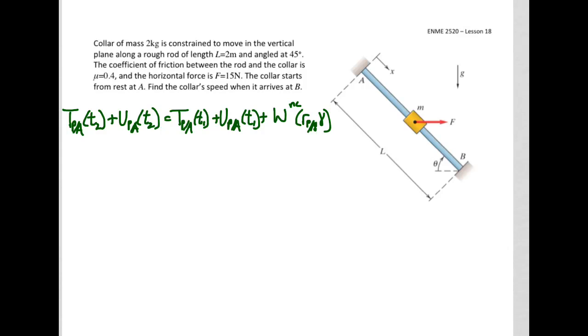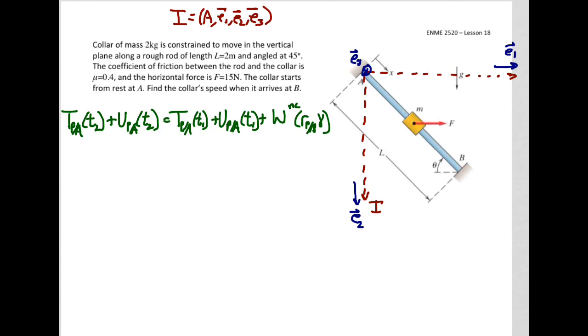So as in any dynamics problem, let's define our reference frames and coordinates. First we have an inertial reference frame I that has E1 to the right, E2 pointing down, E3 into the page, and we have an origin at A because that's where we're starting.